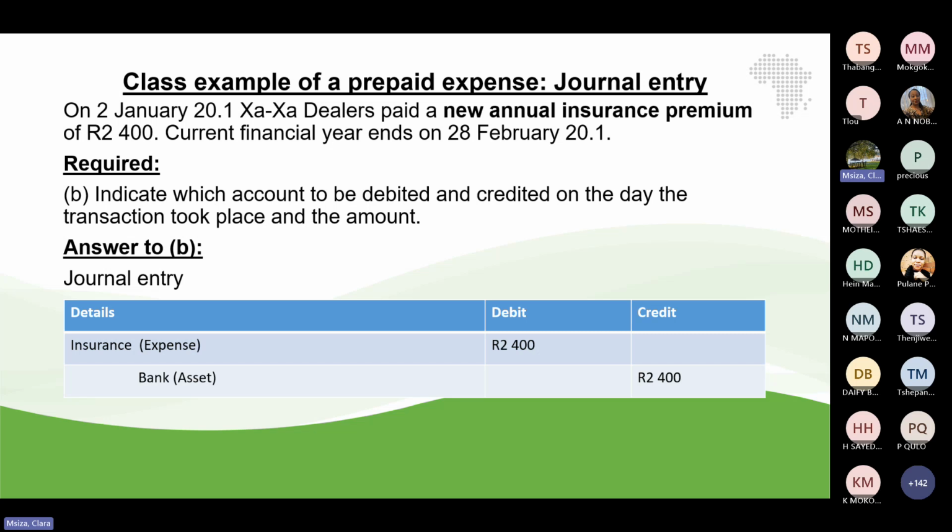Because bank is an asset, it increases on the debit side and decreases on the credit side. Happy? If you don't understand, please kindly type on the chat, then I will open up your mic. If you don't understand why we have credited the bank and debited insurance, which is an expense.